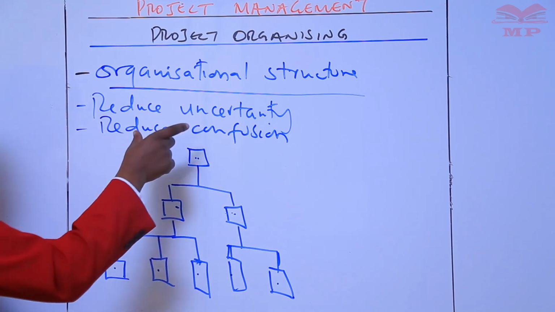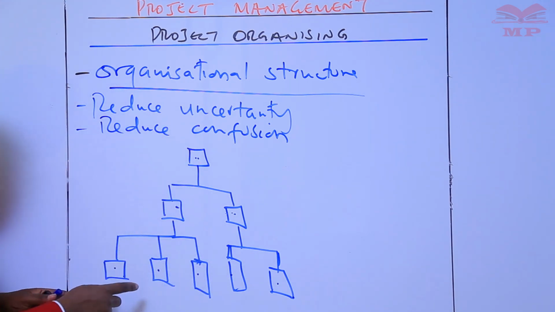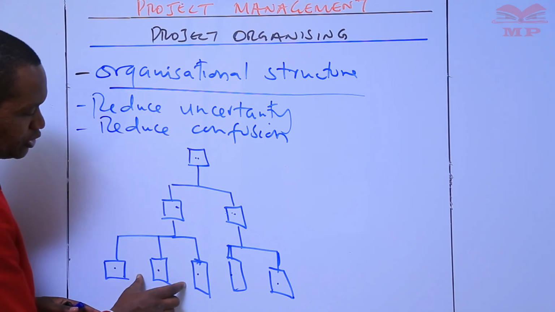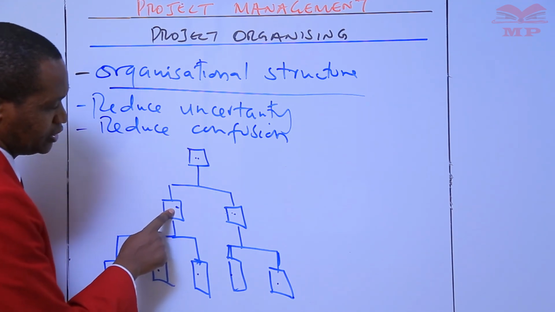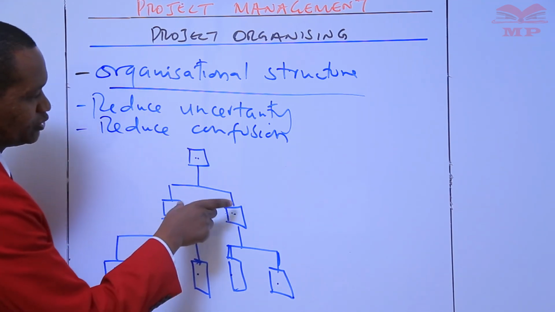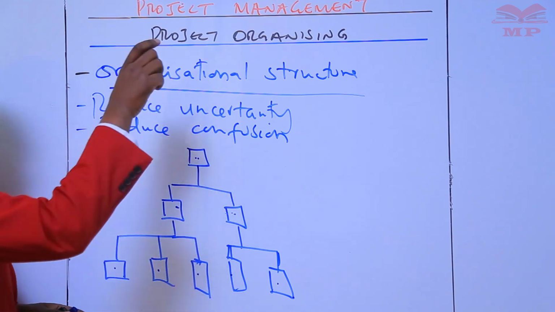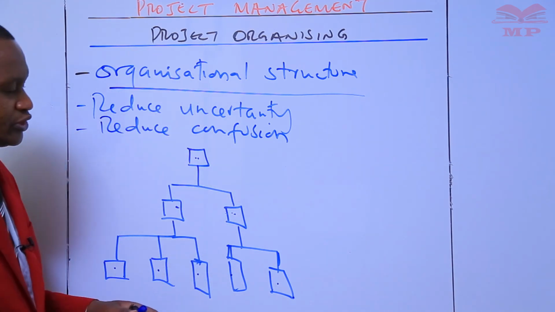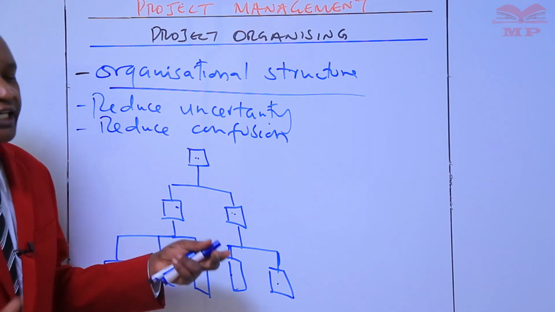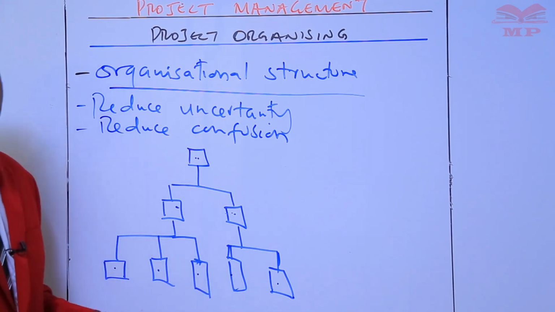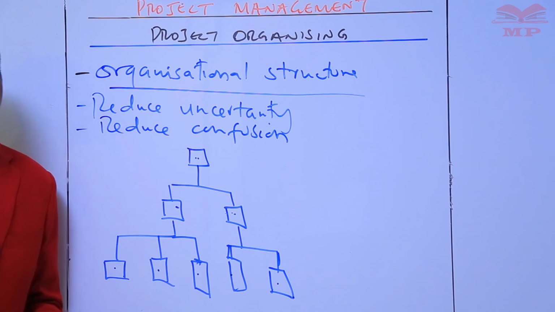Like this chart will indicate that the members at the bottom report to the officer at the top. These two officers report to this one at the top. So it shows clear channels of communication, how the individuals are to relate, and the integration of individuals.